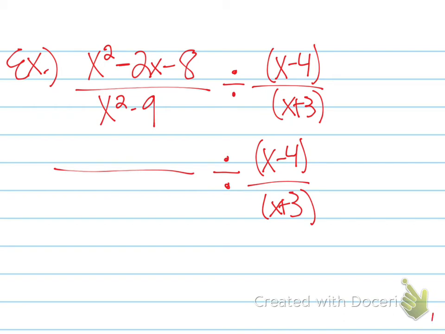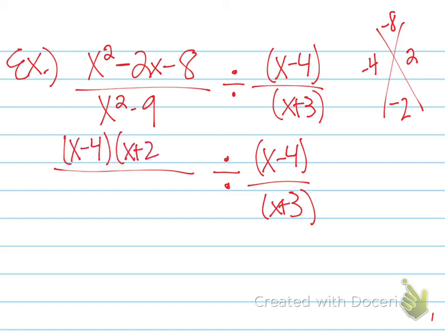But I can simplify the first part. So a negative 2 and a negative 8 leaves me with a negative 4 and a positive 2. If I do the bottom, I have a 0 in the bottom because I'm missing that b term, and a negative 9. So I have a positive 3 and I have a negative 3.